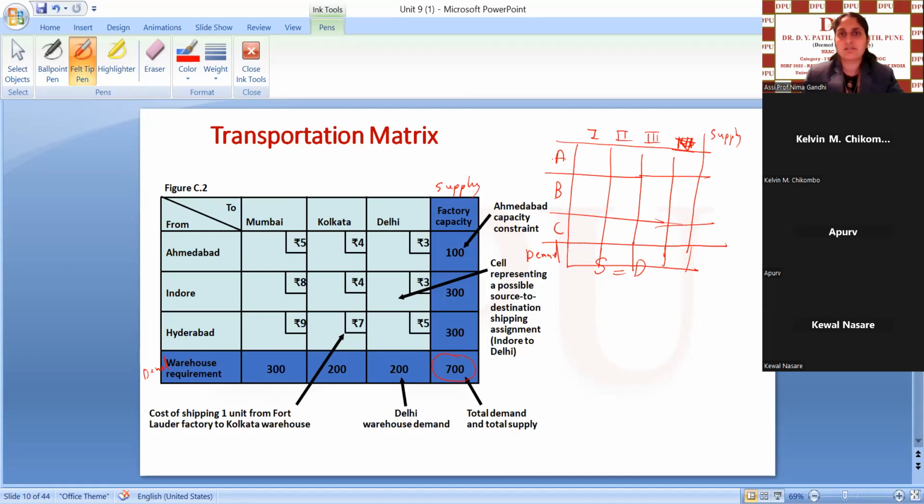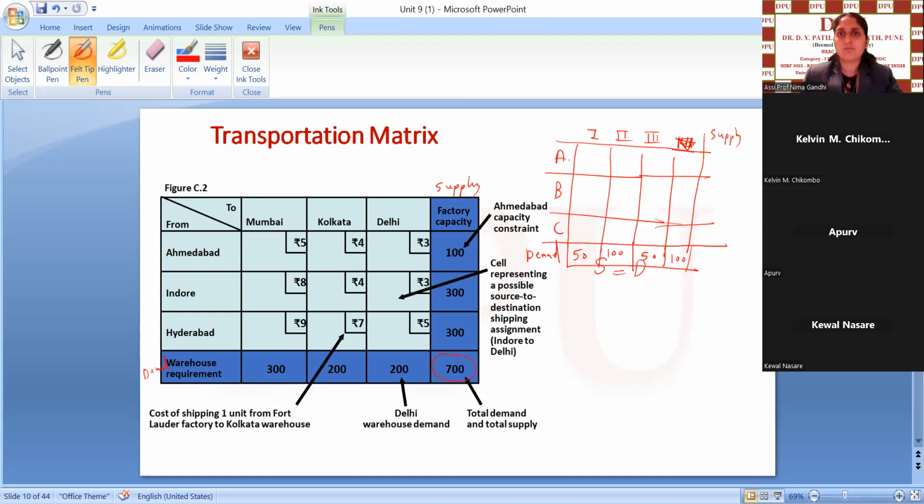let's say you have three sources of production, and there are four destinations. At destination 1 the demand is 50, destination 2 the demand is 100, destination 3 the demand is 50, and the fourth is 100.